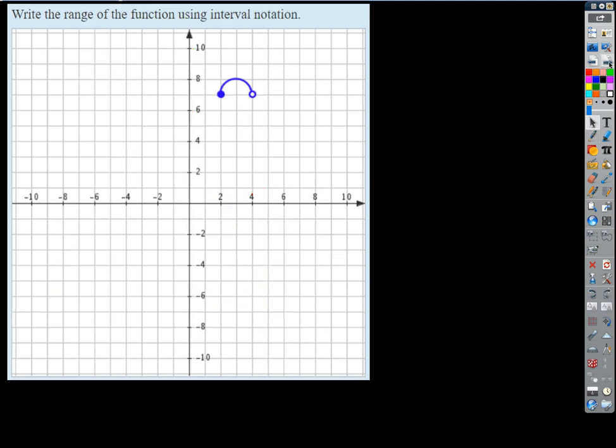Okay, how about that? Let's do two things on this, because I want to make a point. Let's do both the domain and the range. Let's do the domain first. So if I squeeze this down onto the x-axis, what are the x values that an ant could actually walk on? 2, including 2?